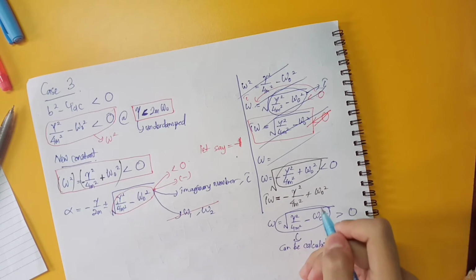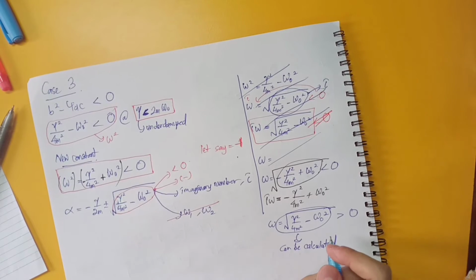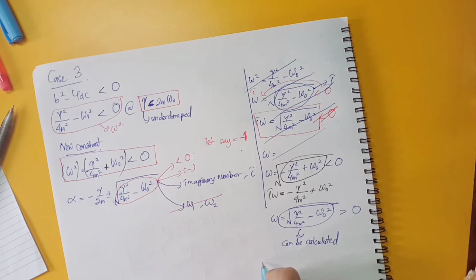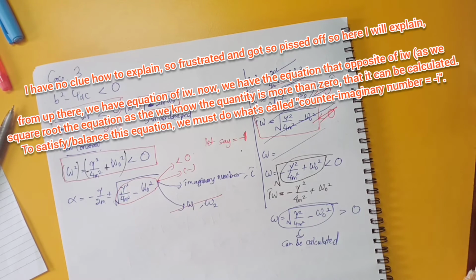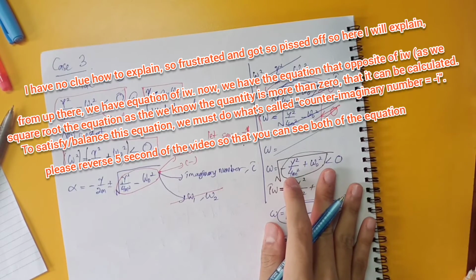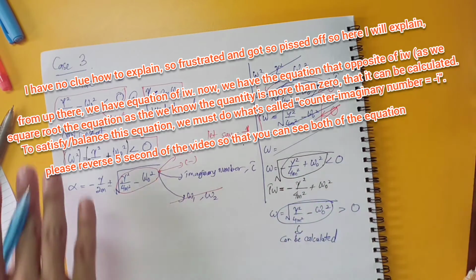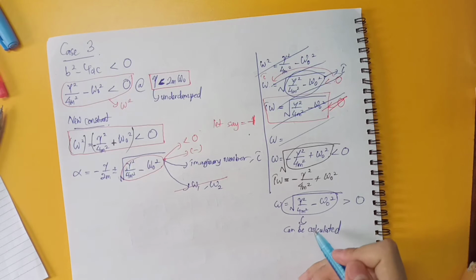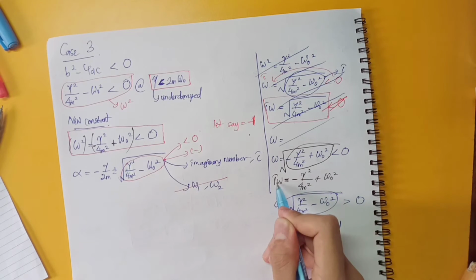So this right here, how do I see this? Let's just say, how do I see this? This is so tough to explain. Since this can be calculated, that means it is the opposite of the definition of an imaginary number.